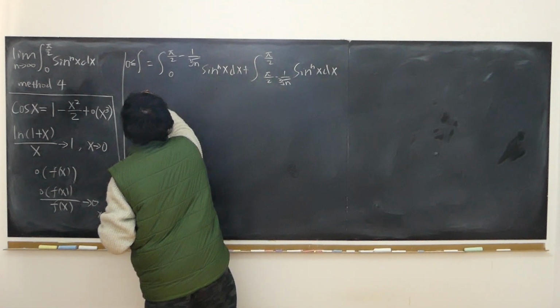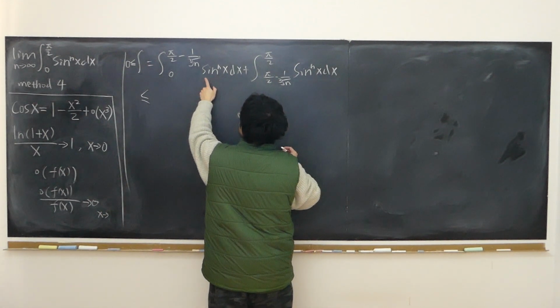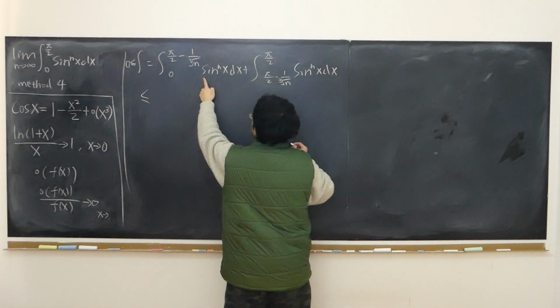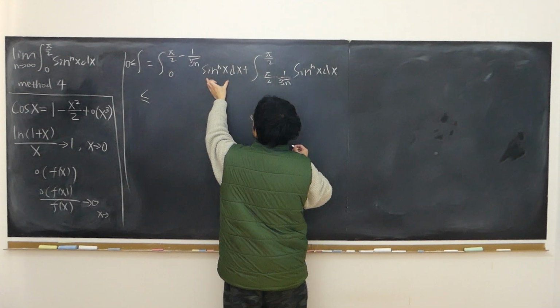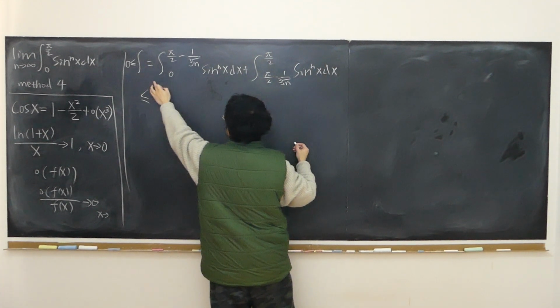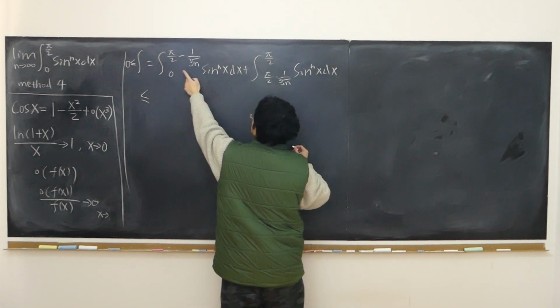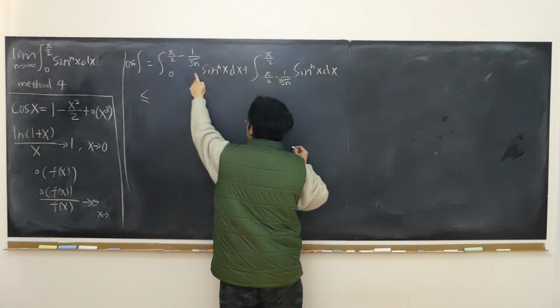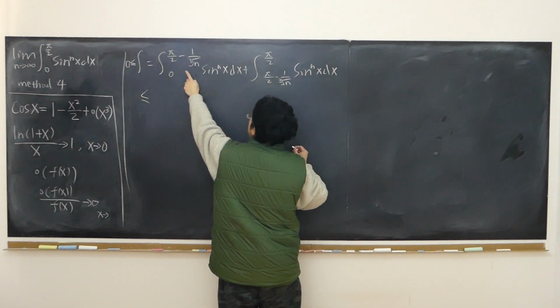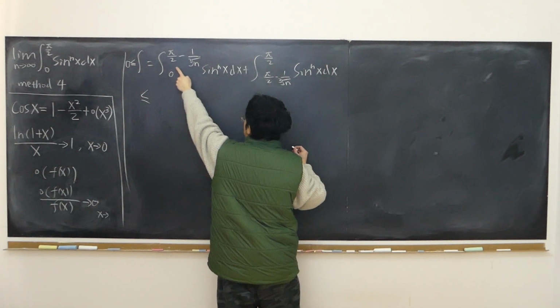So this is less than or equal to sine to the power n of this constant. Take the constant out of the integral to the front, times the length of the interval, that is half pi minus this quantity. But then I can further loosen the inequality by replacing the length with just half pi.